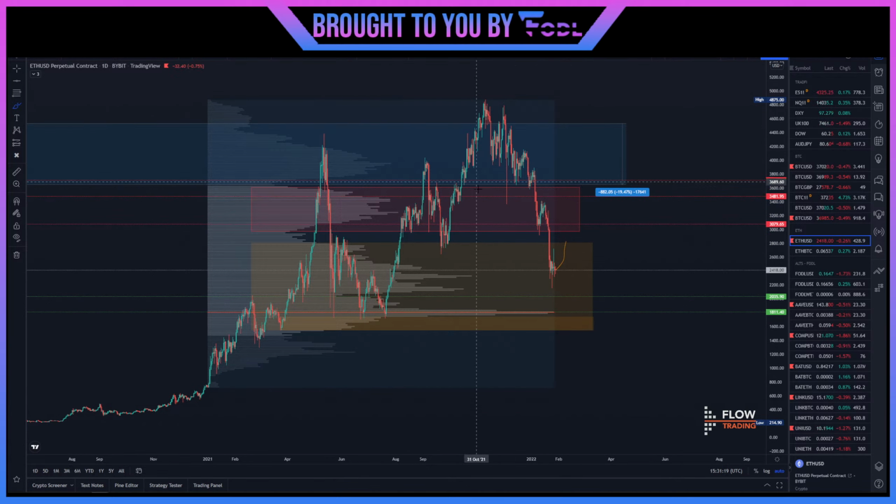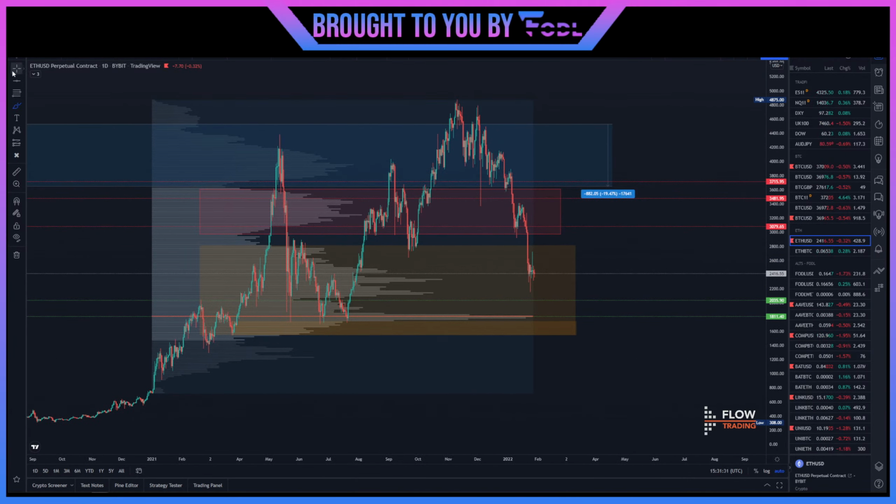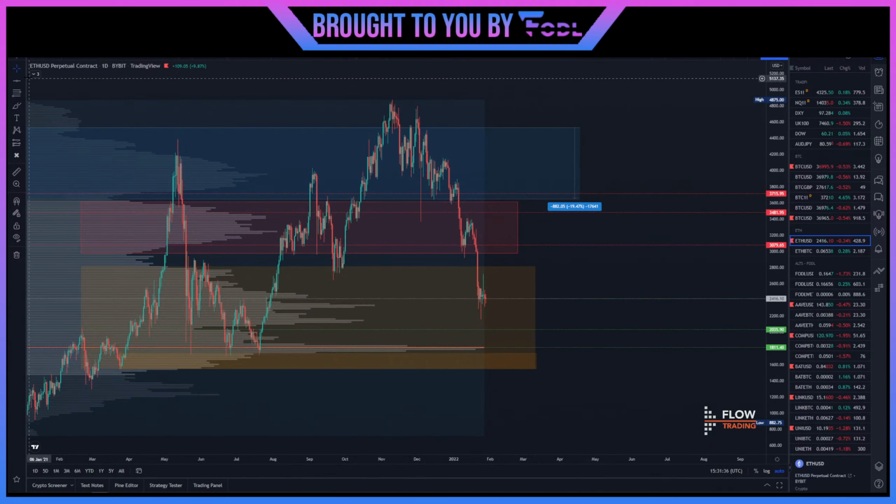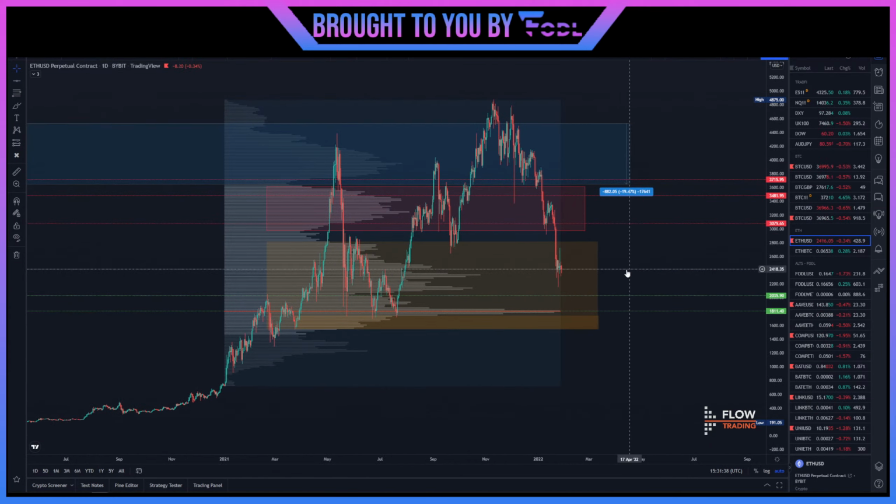If we cannot do that and we start rolling over like this, then this is an entry for a short, and we're going to go much lower. It's as simple as that. I know it sounds a little bit easier than what it actually is. Obviously on the smaller time frames there are a few more discrepancies, but on the big time frames, on the daily if you like, or even on the 4-hour chart, you can see that this is exactly what happens.